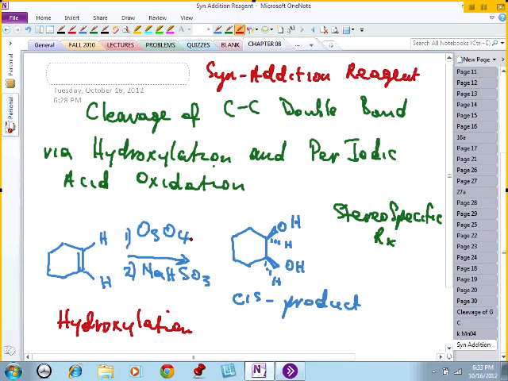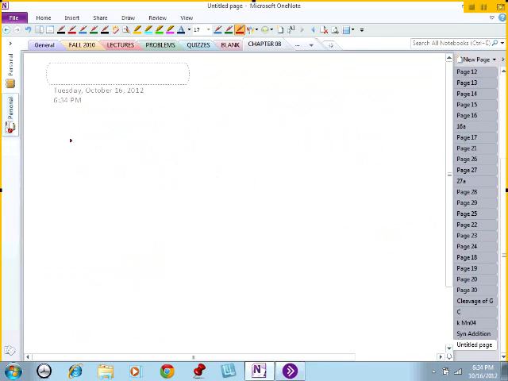Now, what do we do with this? Remember, we told you that we want to use this to cleave the carbon-carbon double bond. So now you could take this and you take iodic acid.